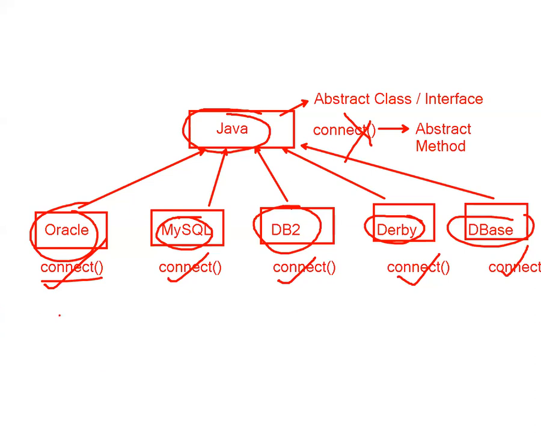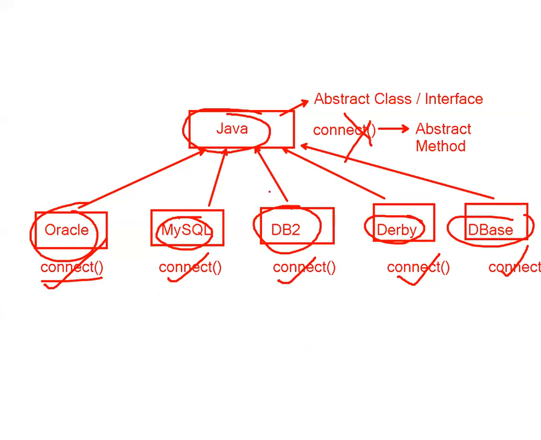Suppose Oracle people, they given connect. MySQL people, they given get connection. DB2 people, they given some other name. Derby people, they given get. DBase people, one more method they given. Then how many methods you will learn? Java with Oracle one type, Java with MySQL one type, Java with DB2 one type, Java with Derby one type, Java with DBase one type.